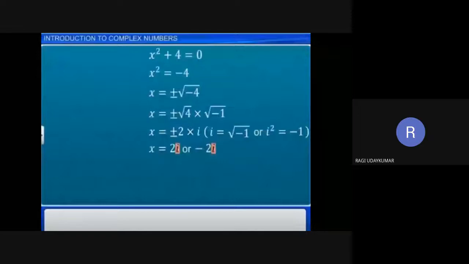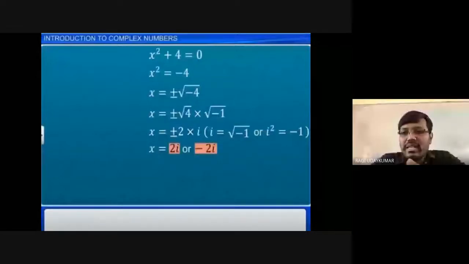So square root of minus 1 is i, called an imaginary number, and if you take that in the place of i, x is equal to plus or minus 2i. The solutions, 2i and minus 2i, are called complex numbers.